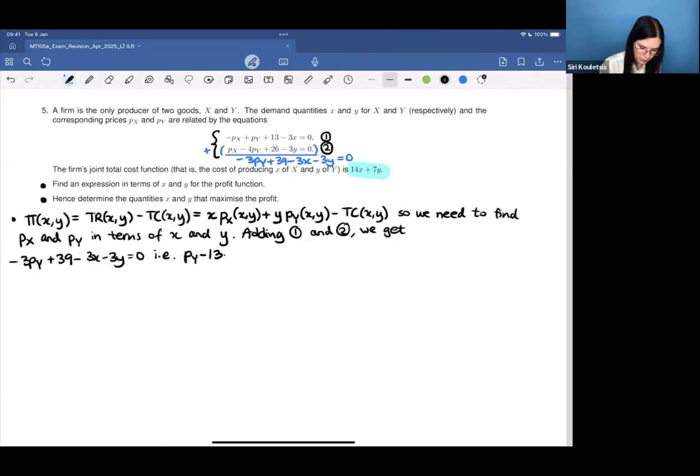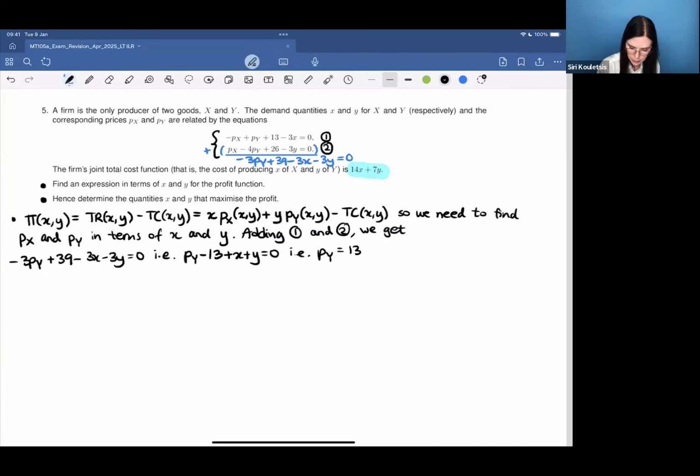We're dividing by -3 on both sides. And now we can rearrange. So that is an expression for py.